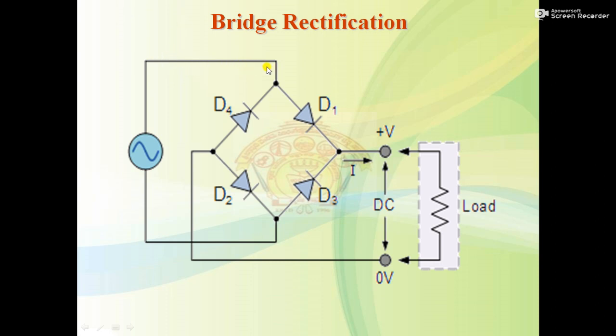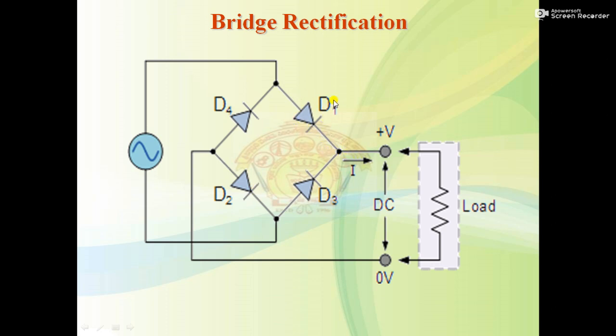So this positive is connected to the negative of D4 and the positive of D1, and this negative is connected to the negative of D2 and the positive of D3. At that time diodes D1 and D2 become forward biased, diodes D3 and D4 become reverse biased. Only in diodes D1 and D2 is the current flowing, like this.